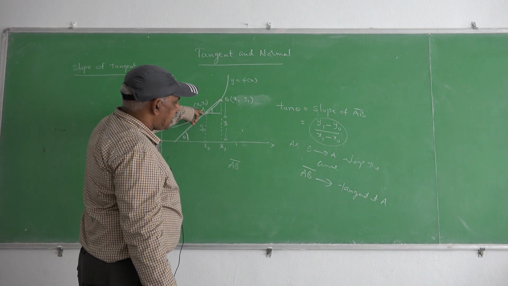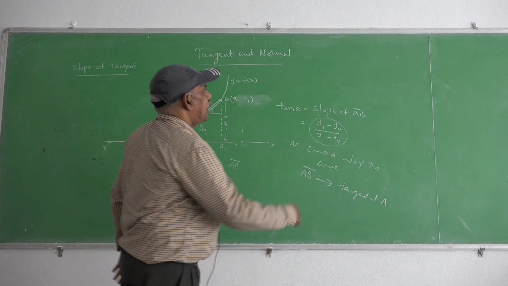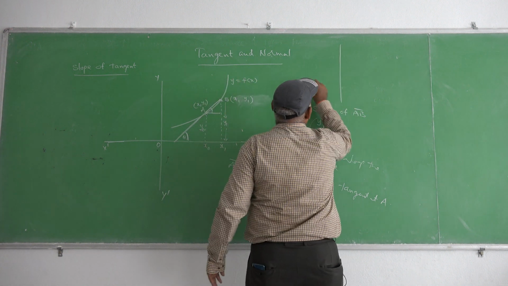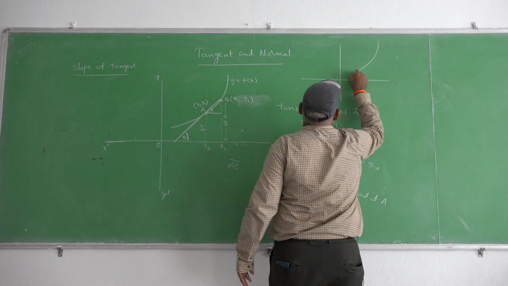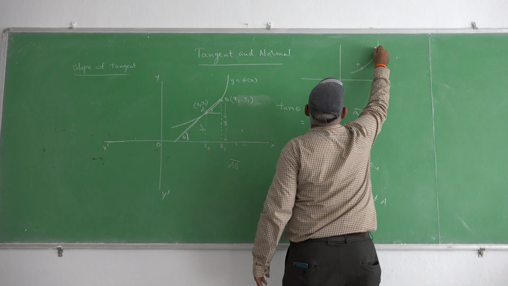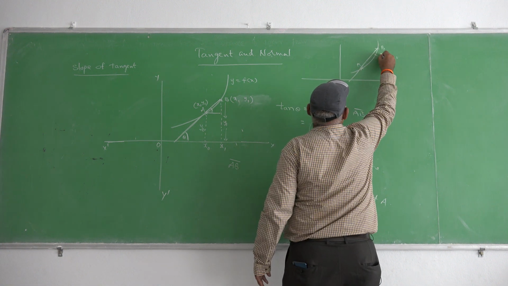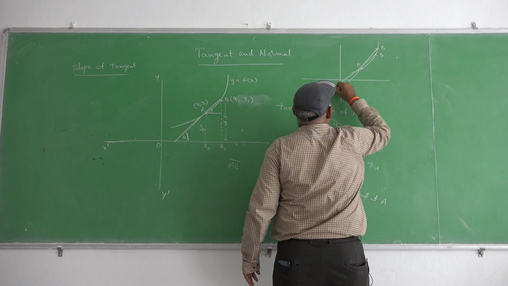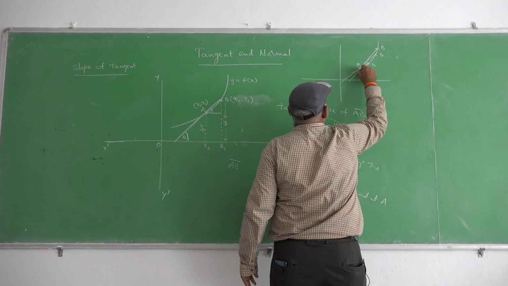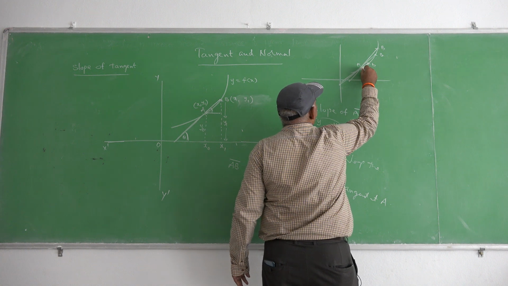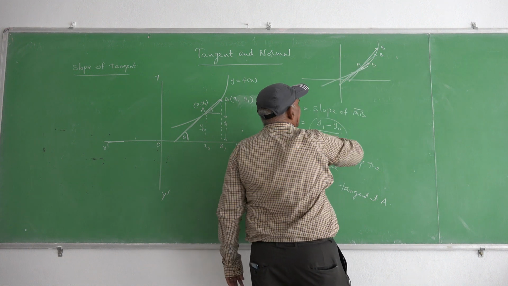As B is moving towards A, it is like this. This is our curve, A is here, B is here, AB is this. Once B's position is here, then it is like this. Once B coincides with A, it becomes the tangent.